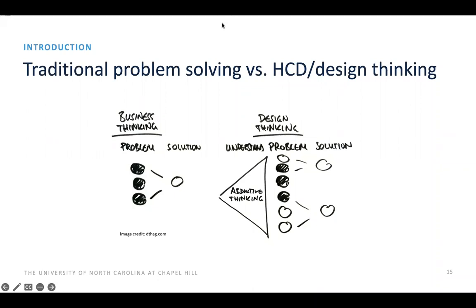And so in the right-hand column with the design thinking, human-centered design, you might be given the same inputs at the start with the same data sets, the same access to communities. And instead of marching forward to one single solution, design thinking forces you to go backwards to do some abductive thinking to further reflect and understand about the population and the context.